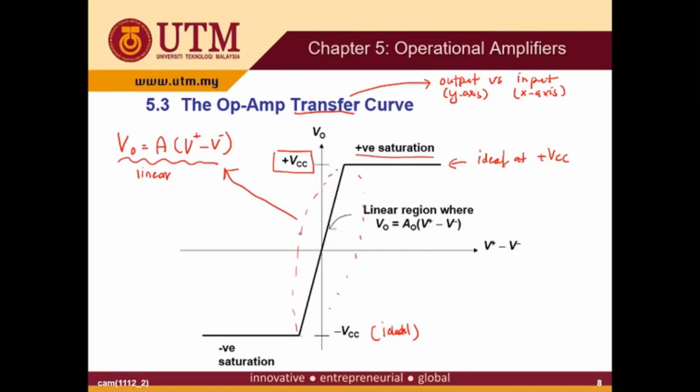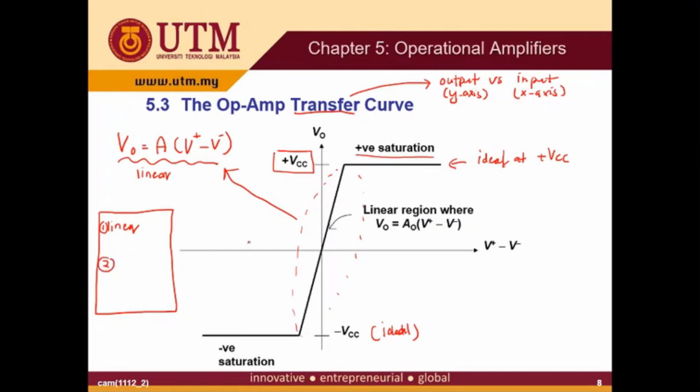Okay, so from the transfer characteristic, we can have two regions. The first region is the linear region, where the relationship between output and input is linear.